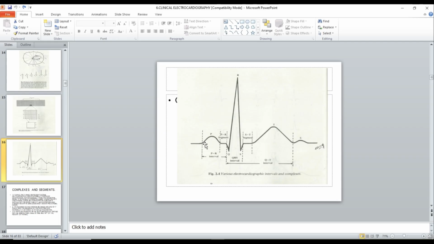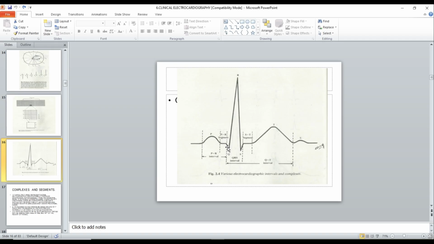The duration of the P wave should not exceed 0.11 second, and it should not exceed 2.5 millimeters in height. Likewise, the PR interval is from the end of the P to the start of the Q. It should be between 0.12 seconds and 0.2 seconds.